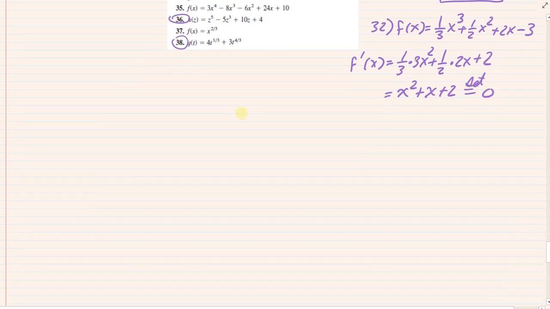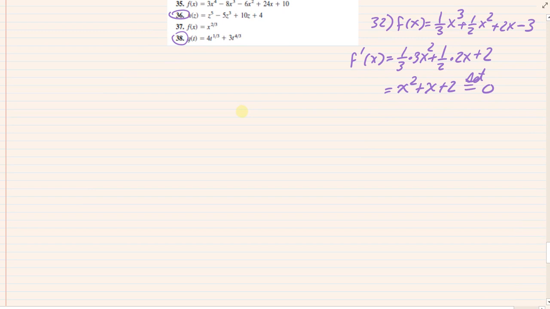Now this function is a quadratic function. So usually with quadratic functions, we try to factor them when we set them equal to 0, and if they're not factorable, we use the quadratic formula. Now for this one, let's see, remember how we factored them? We set them as binomials. You go x, and then looking for two numbers that multiply to 2, and let's say add to 1.